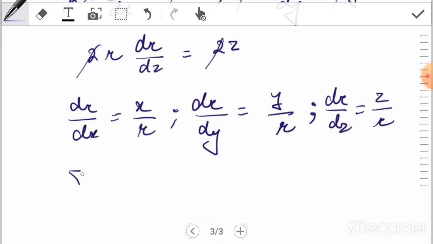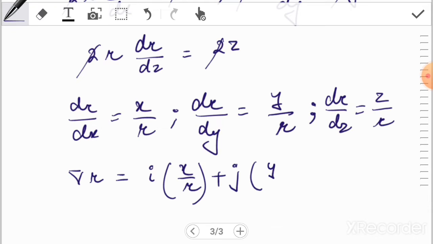So del r, the gradient of r, we get as i del r by del x, which is x by r, plus j del r by del y, which is y by r, plus k del r by del z, which is z by r.